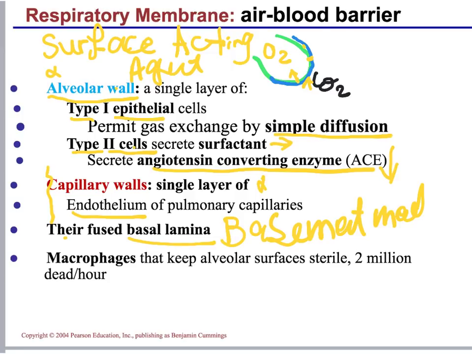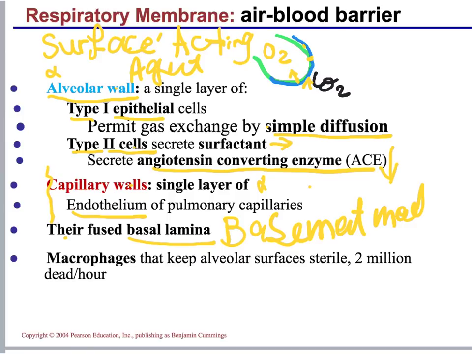Oxygen has to go across from type 1 into the basement membrane, pass through the walls of the capillaries, and attach to the hemoglobin molecule. CO2 has to go through the capillary wall, basement membrane, and pass through the type 1 and then get into the alveolar sac. This is how the exchange of the gases happens over here.